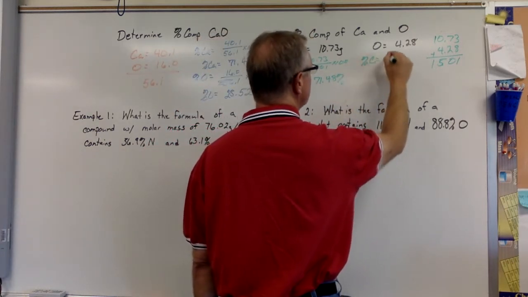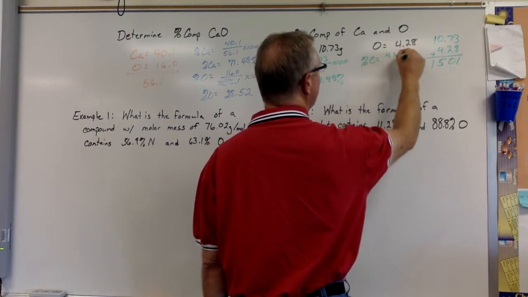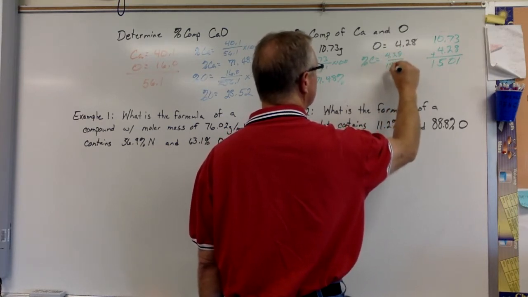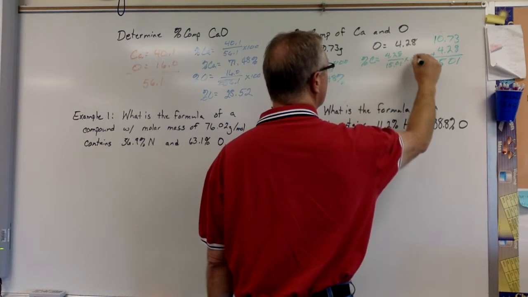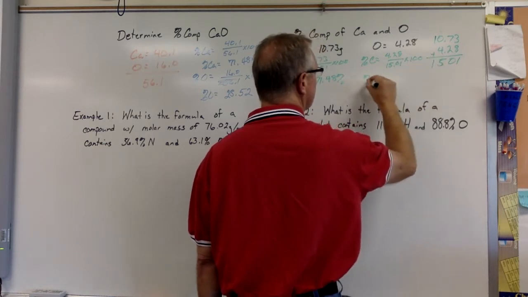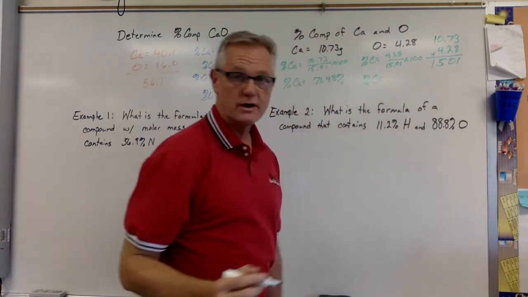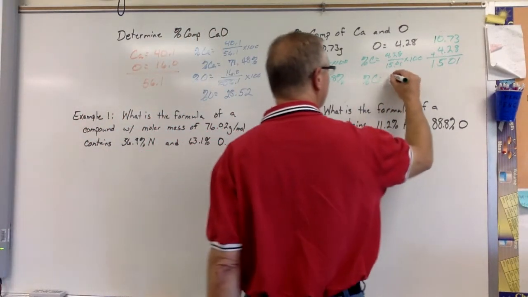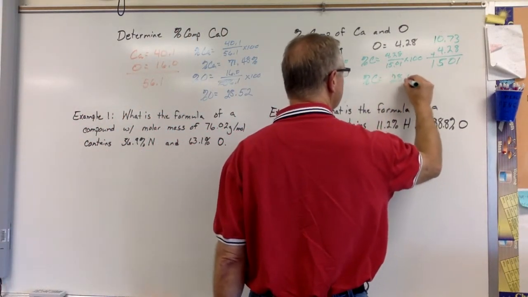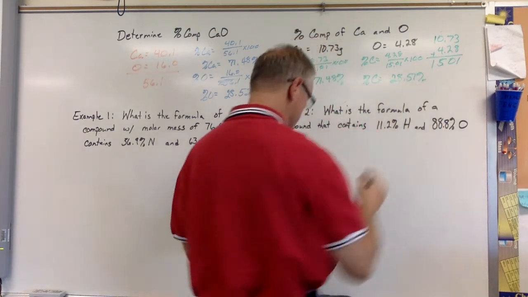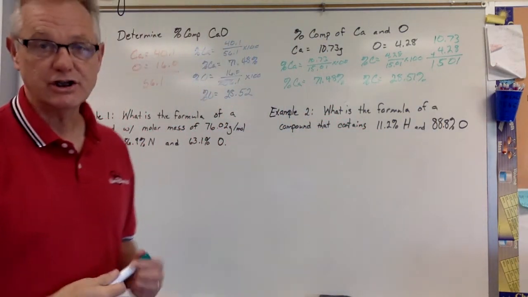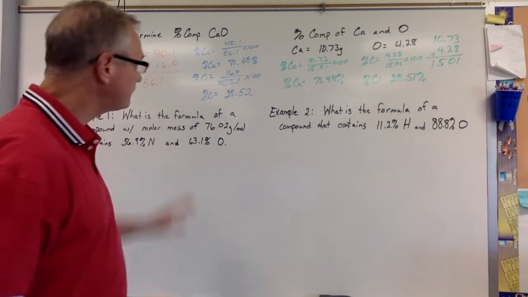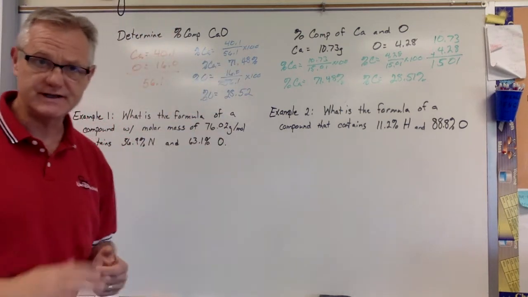Percent of the oxygen is 4.28 divided by the 15.01, times 100, and I find that this one is going to be 28.51%.